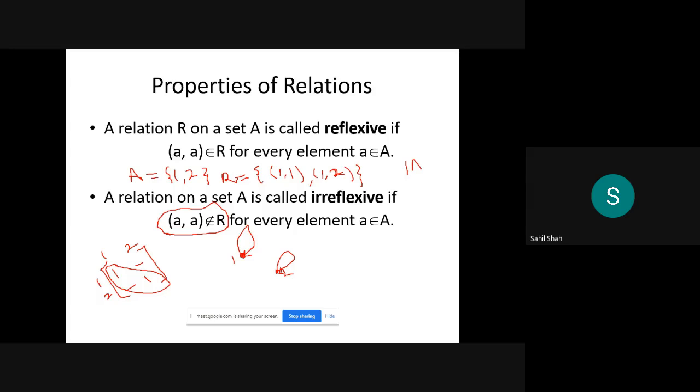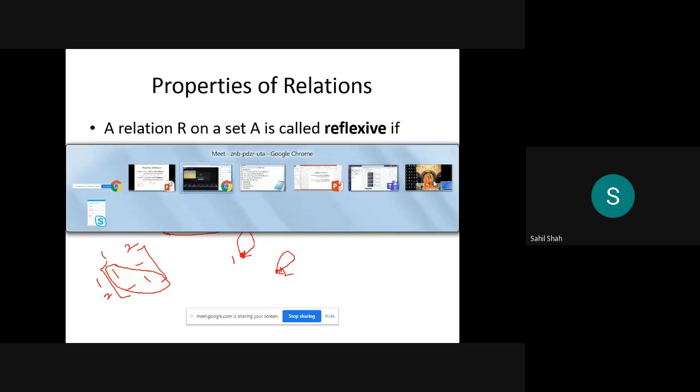If the cardinality of A is n, we know that the total number of binary relations possible will be 2 to the power n square. But out of these 2 to the power n square, how many will be reflexive? That is my question. I hope it is making sense what I am asking you.